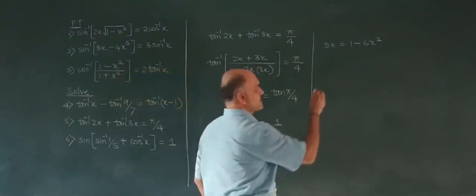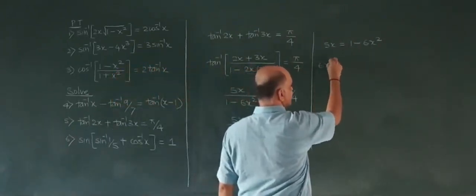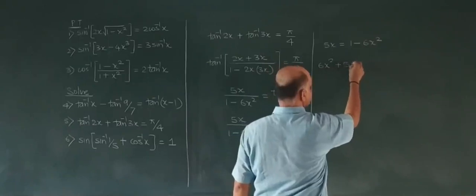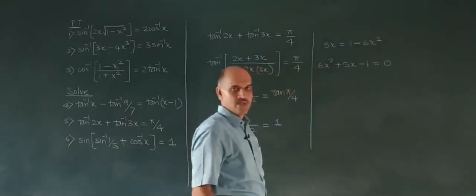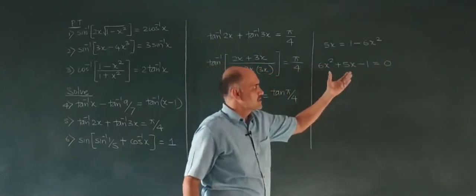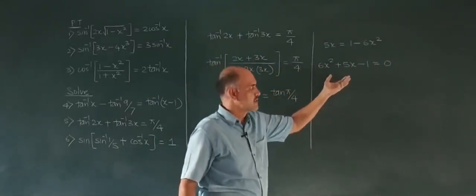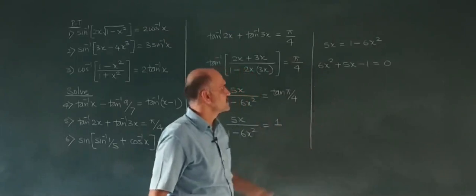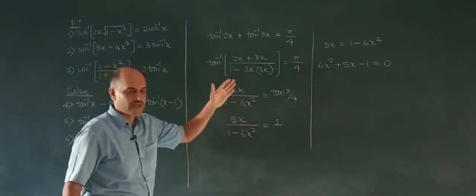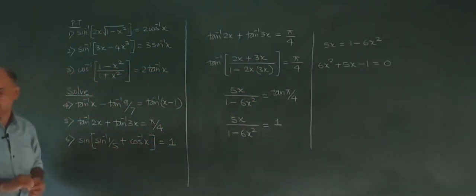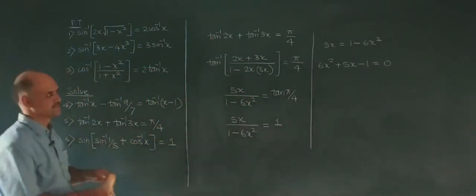So if I take it to the LHS, I will have 6x square plus 5x minus 1 is equal to 0. So simplify this, you will have the answer. So further you can simplify this quadratic equation. So pause, you simplify it, then we will go for the last problem, that is the sixth one.